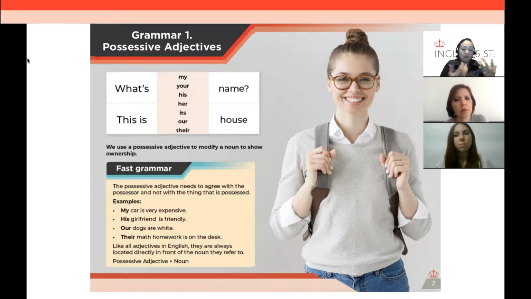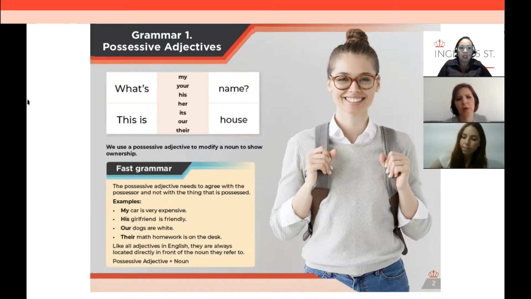In this case it can be an object, it can be a person, like brother, sister, mother, etc. When we are talking about possessive adjectives, we refer to a possession or something that belongs to us. So, what's your name? This is our house, this is their house. What's her name? This is an example of when you can use the possessive adjectives.